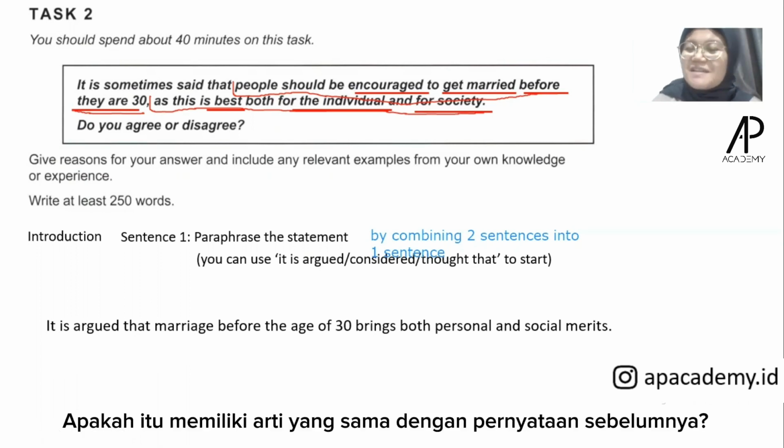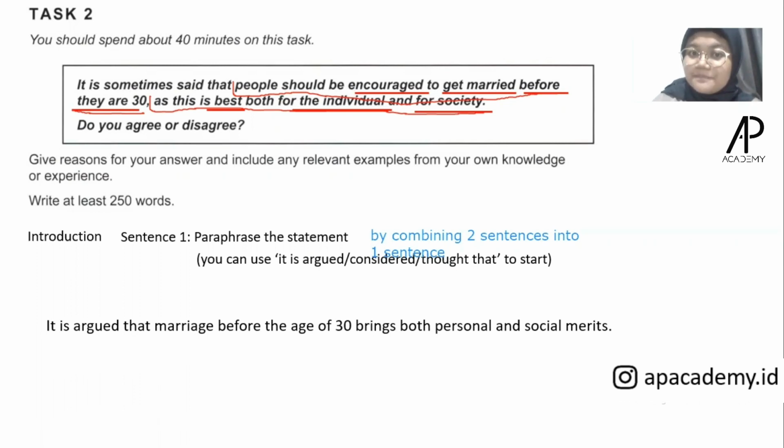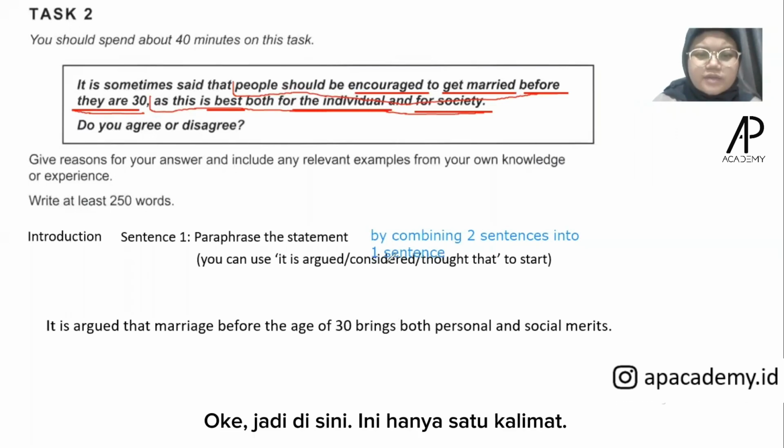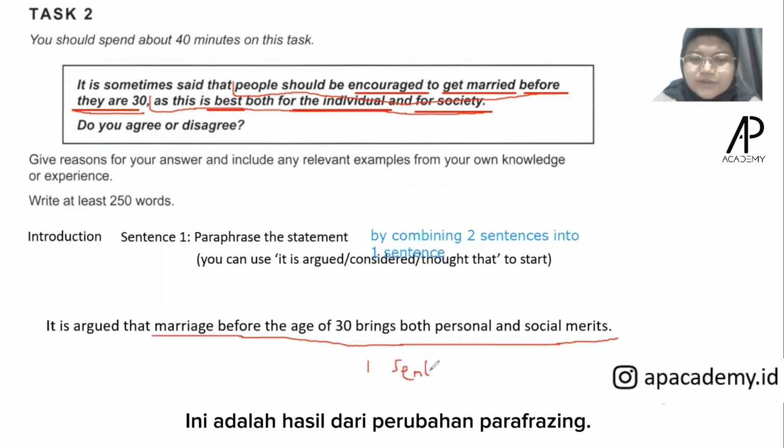Does it have the same meaning as the previous statement? Yes, exactly. Okay, so this is only one sentence. This is the result of the paraphrasing. I combine the 2 sentences. How?